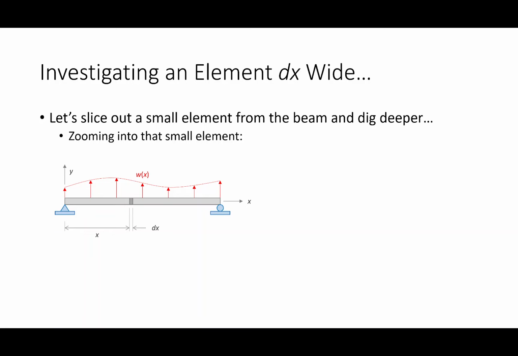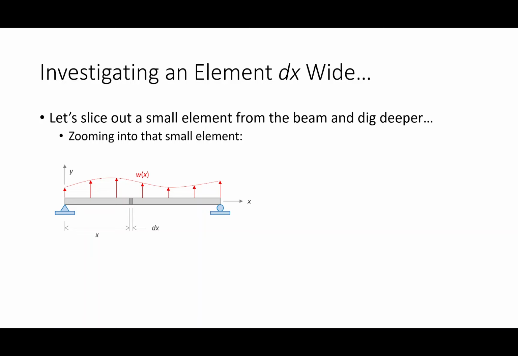In other words, what we would do in calculus land is cut an element that's delta x wide, and then take the limit of that function as delta x approaches 0. And that limit as delta x approaches 0, a lot of times we just call dx. Make sense? Okay. Now my load is variable across the span.